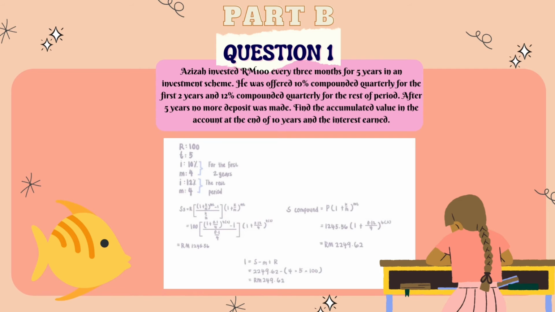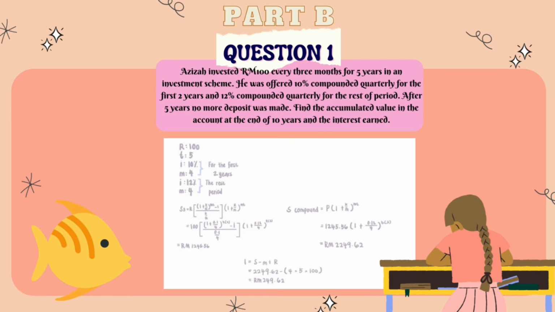To find the accumulated value, we need to use the formula S_n equal to R [(1 + K/M)^(MT) - 1] / (K/M) times (1 + K/M)^(MT). So the R is 100. Just put the amount in the formula. And then we will get the answer RM1,245.56.